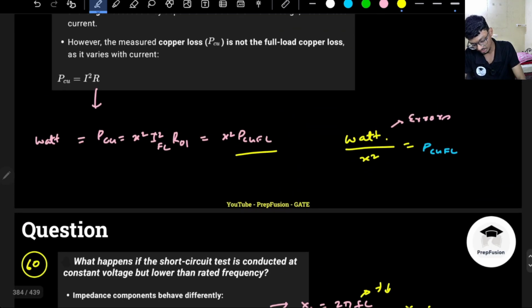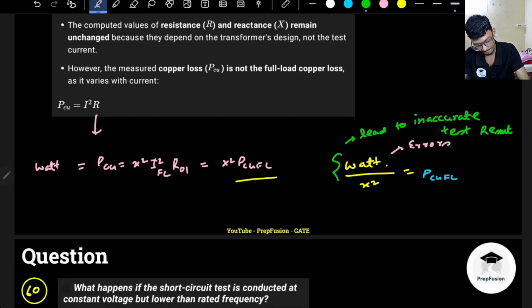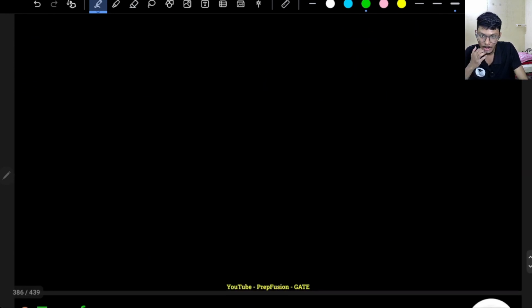Here as well, same thing. Although this is totally allowed and you can do it, it may lead to inaccurate test results. I hope you have understood this basic point.